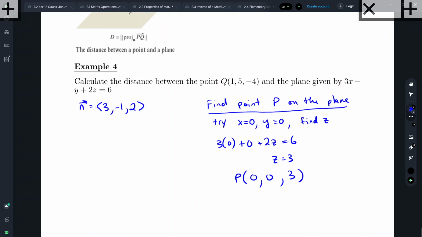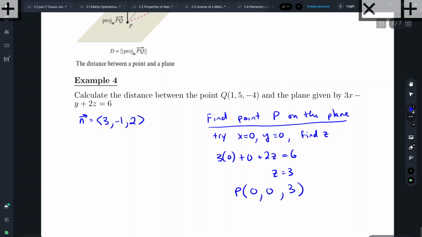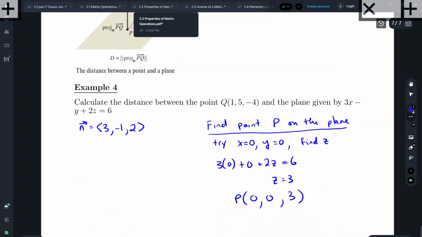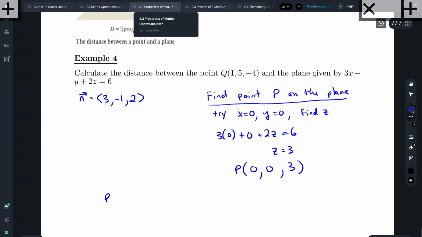Okay, so taking those coordinates for P, now I have all the ingredients to do this calculation. So what is the vector PQ? The vector PQ is (1 minus 0, 5 minus 0, -4 minus 3). So that's (1, 5, -7).